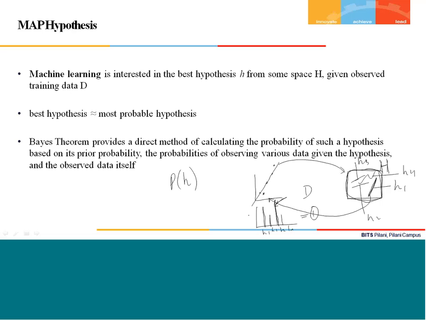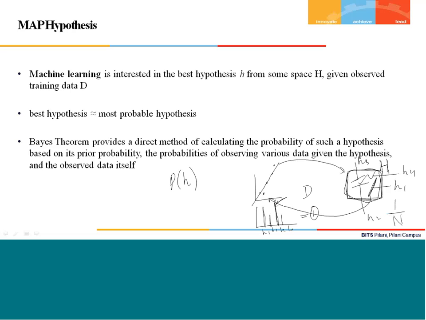But if you don't have any idea how to choose the prior probability from the space, then most of the time you can say that every hypothesis in the space is equally probable. In that case, the probability for a hypothesis will be 1 upon n, where n is the number of hypotheses in the space, in case I am having a finite hypothesis space.